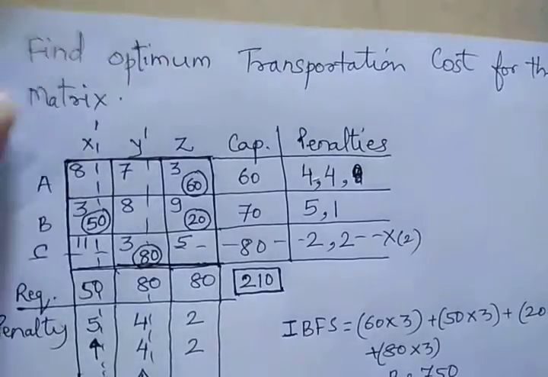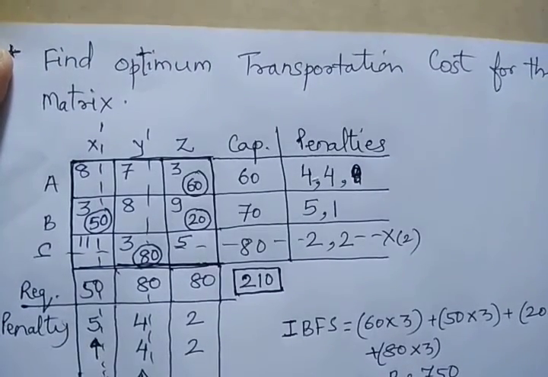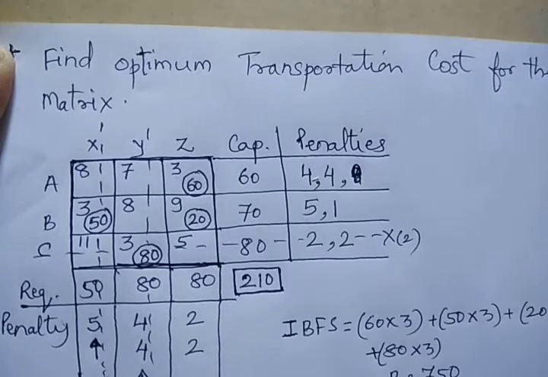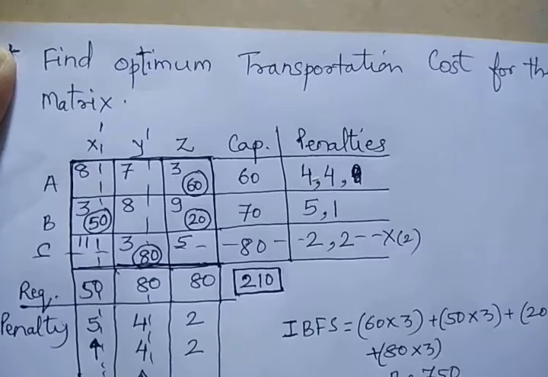After that, we have studied in the previous lecture how to find out the initial basic feasible solution by Vogel's approximation method. So in this problem, they have not mentioned any method. So to find out the initial basic feasible solution, I will make use of Vogel's approximation method, which we have already studied in the previous lecture.